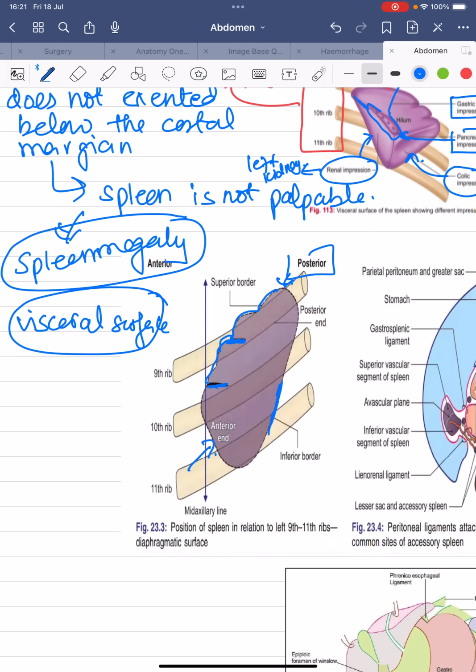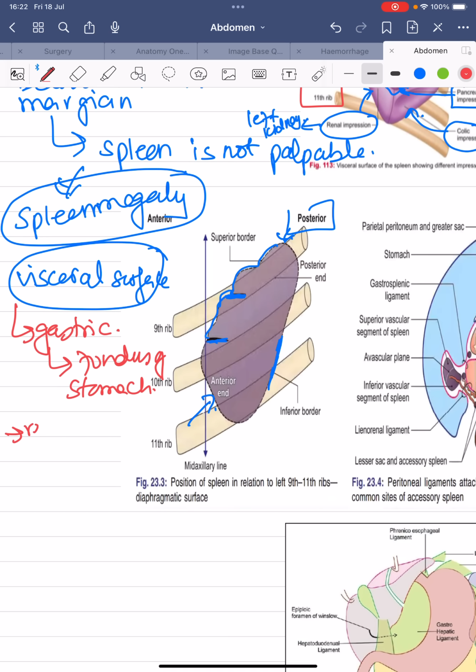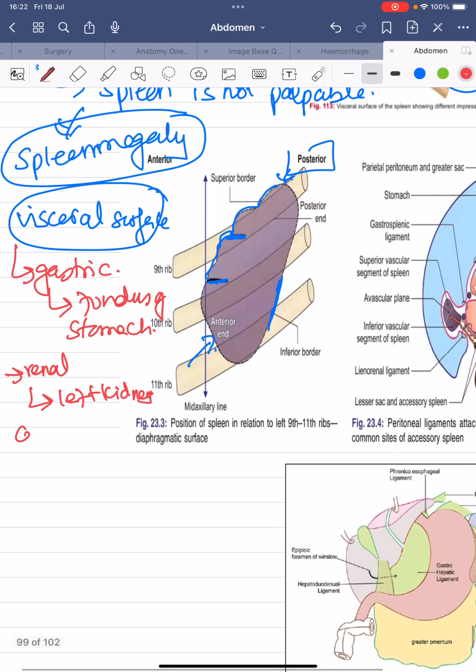Number 1, the gastric impression, which is formed by the fundus of the stomach. The renal impression, which is from the left kidney. The colic impression, which is from the splenic flexure of the colon, the large intestine.